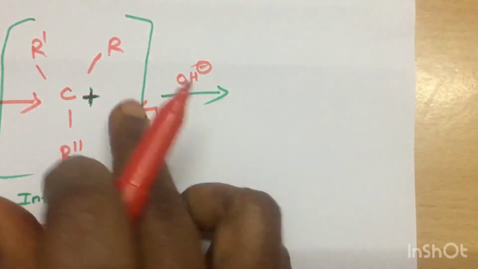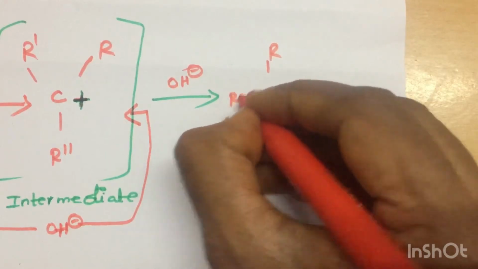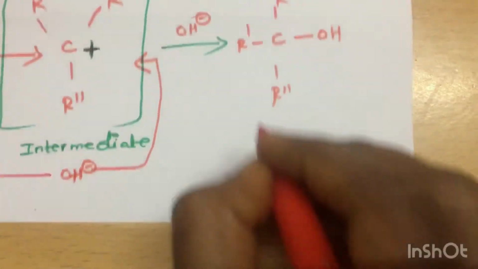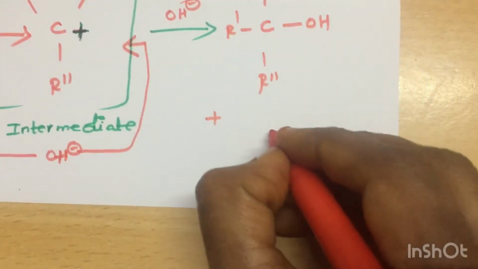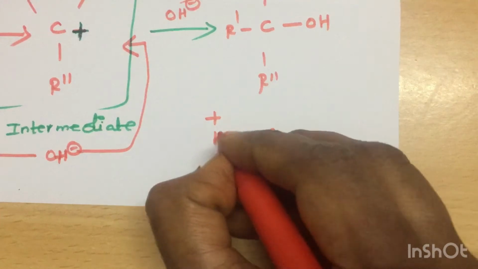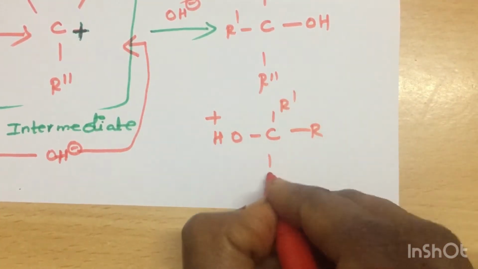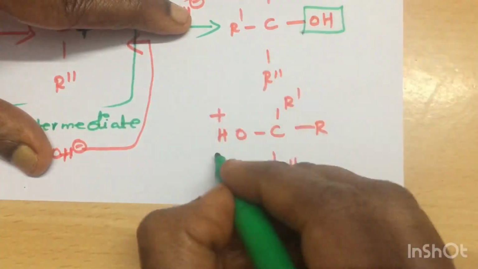So you will get two products, two configured products. If it comes and attacks on this side, the hydroxyl group will be here. So this is R', R and R''.